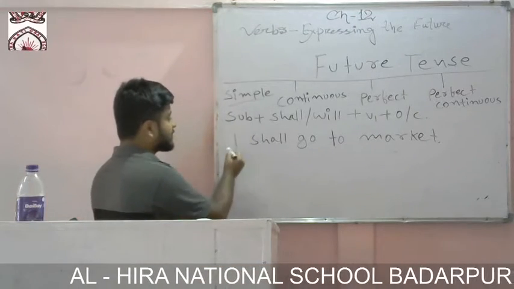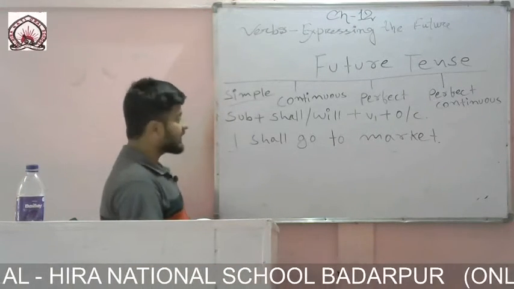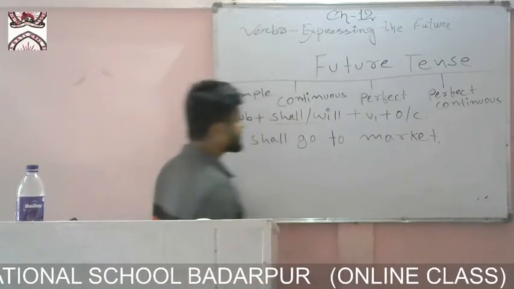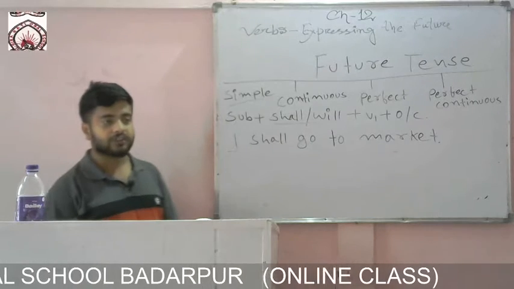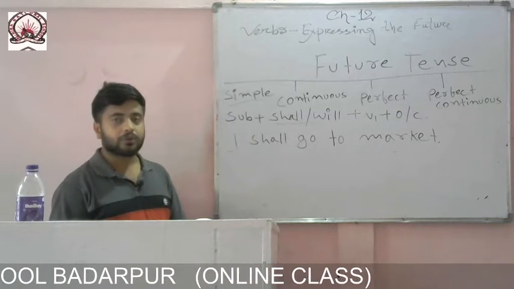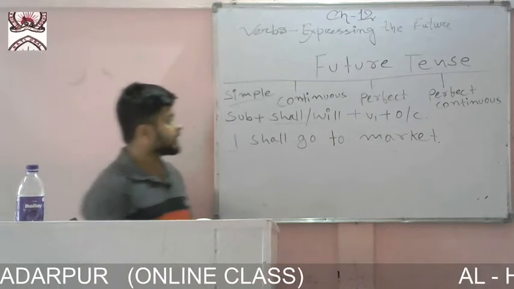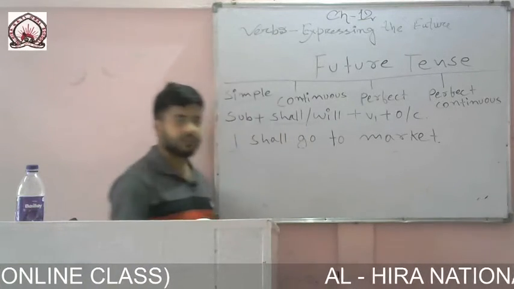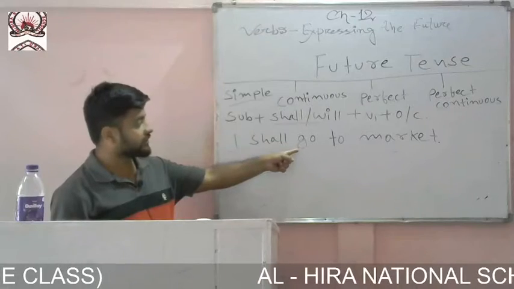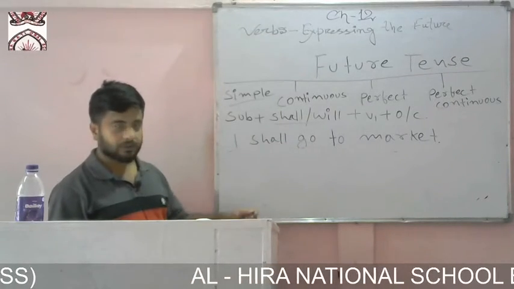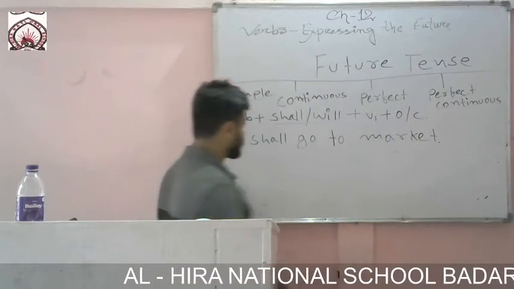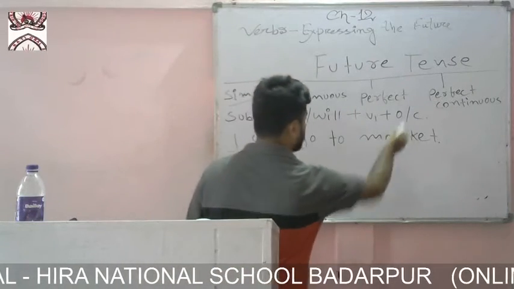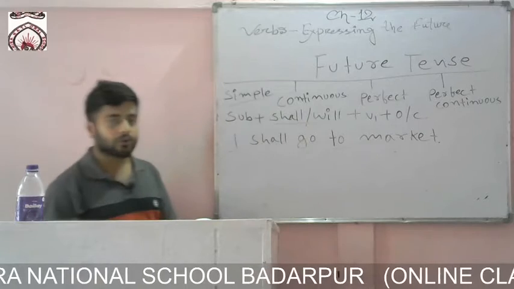So here, I is the subject. Then according to the subject, we have to use shall or will. Then verb 1: we know that go, went, gone. Go is the first form of the verb, plus object or complement.